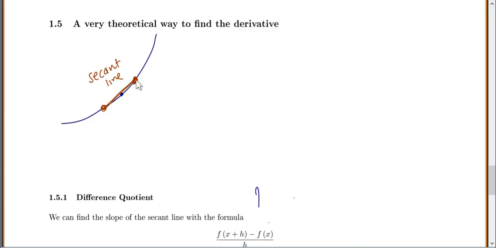Okay? And the slope of that secant line is not going to match the point right there exactly, is it? But what if I put my secant line just a little bit shorter and got a little bit closer, and a little bit closer and a little bit closer.